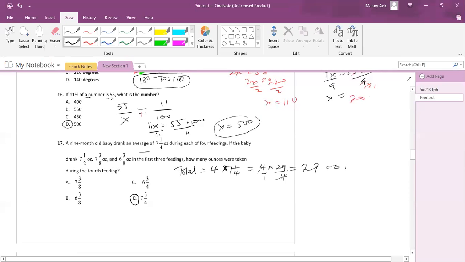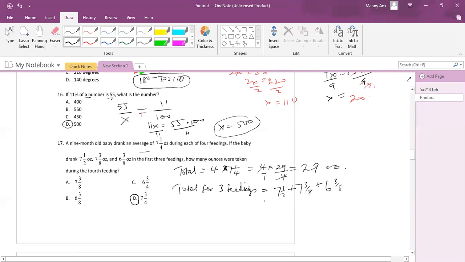I know 3 of these feedings. So to find the 4th one, it means I have to add all the 3 and then subtract from the total. So total for the 3 feedings will be equal to 7 1/2 plus 7 3/8 plus 6 3/8.